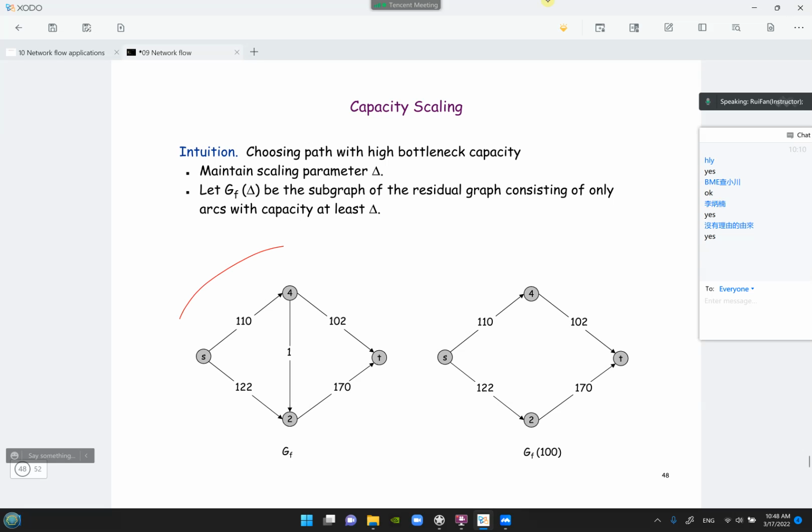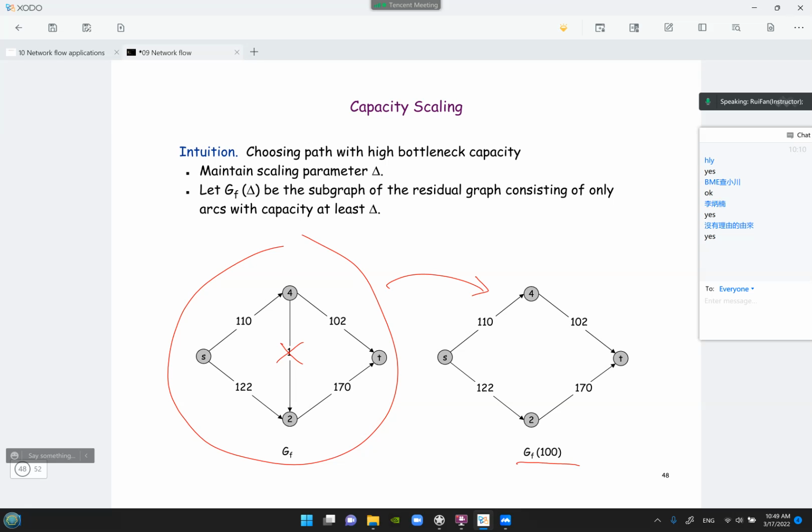Suppose you have a graph like this. If we want to make sure our flows are big, we want to not use this middle edge, because if you use that middle edge, then this limits your flow to just size 1. So you don't want to use these edges which have very small capacity. In fact, you want to just remove that edge. That's what this G_F(100) is.